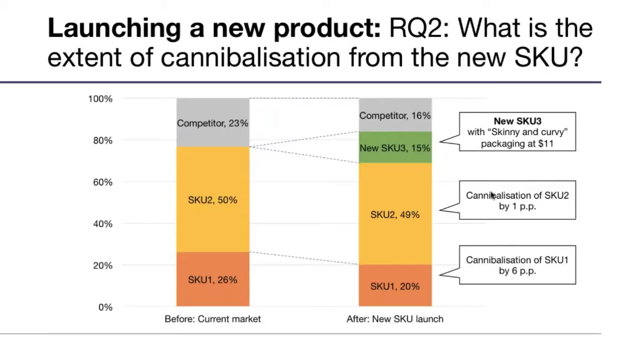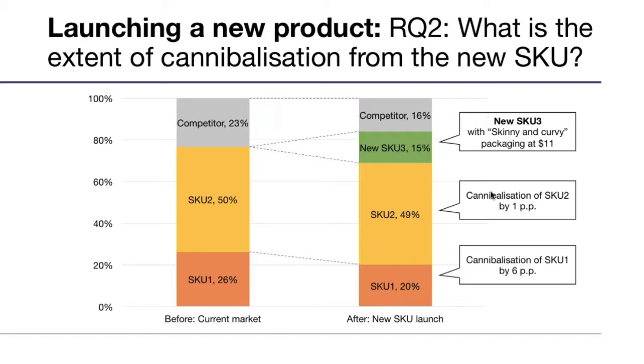The second output is about preference share simulation. So here we simulated 2 scenarios. One is where we did not launch the 3rd SKU. So we just have the first 2 SKUs plus competitor. And we see that together we have about 76% of the market, and competitor has 23%. What happens if a new SKU is launched? It will take 15% of the market.